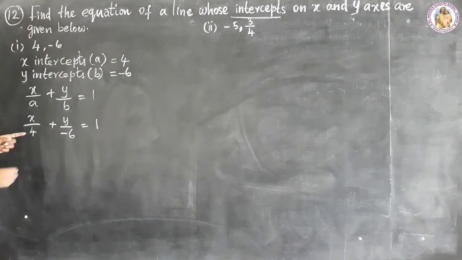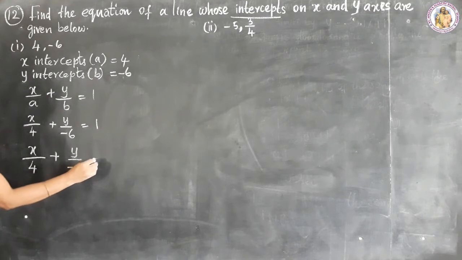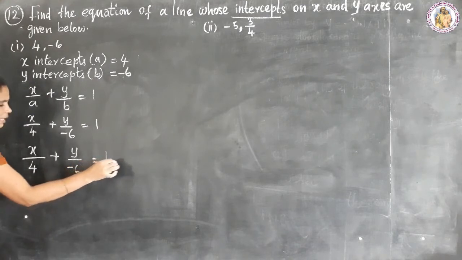And here you can see, take the LCM for 4 and 6. So x divided by 4 plus y divided by minus 6 is equal to 1.